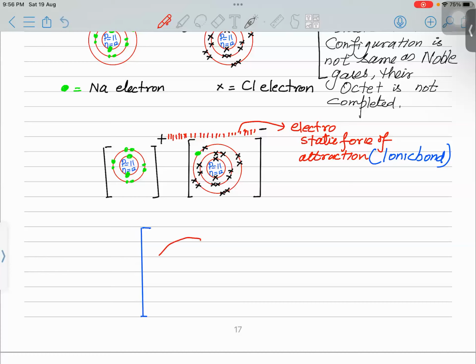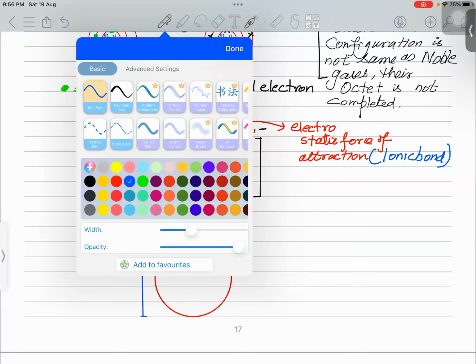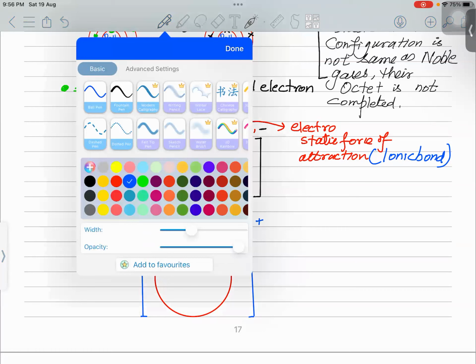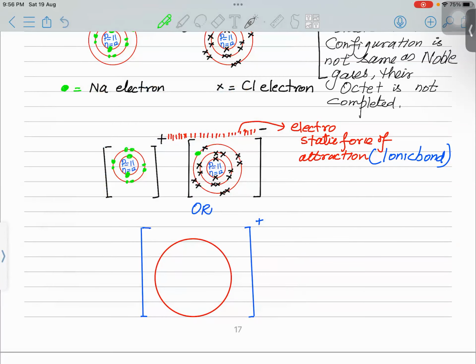Can you tell me, after giving one electron to chlorine, how many electrons are there in the valence shell of sodium? Yes, sir. There will be 8 electrons.